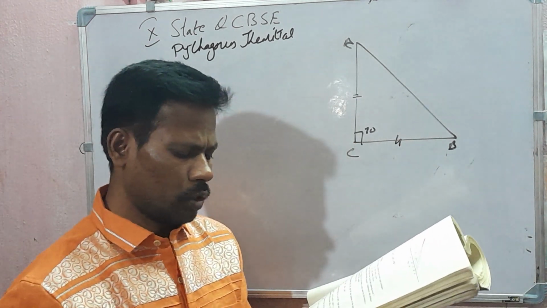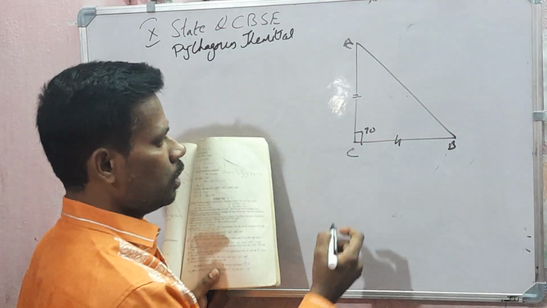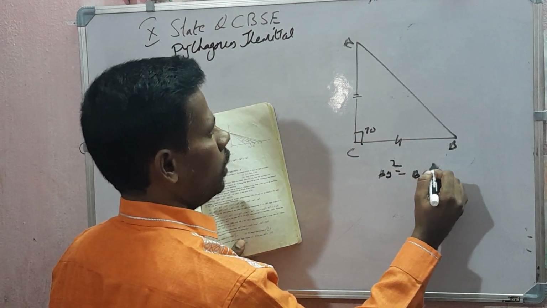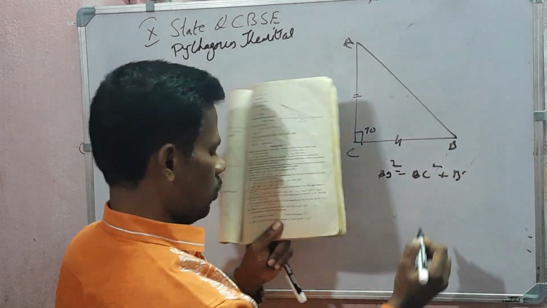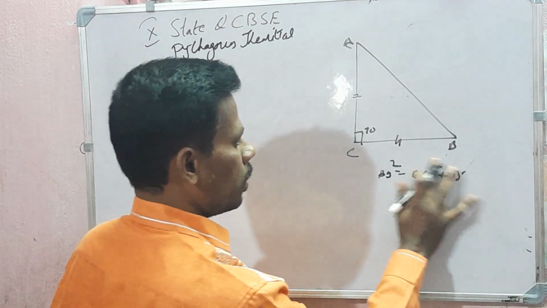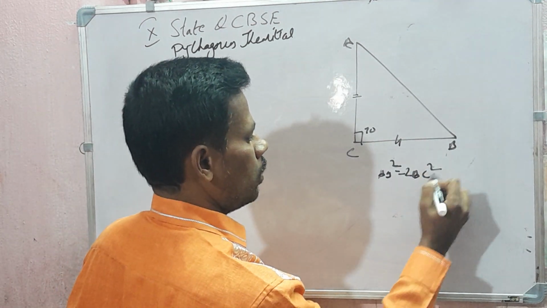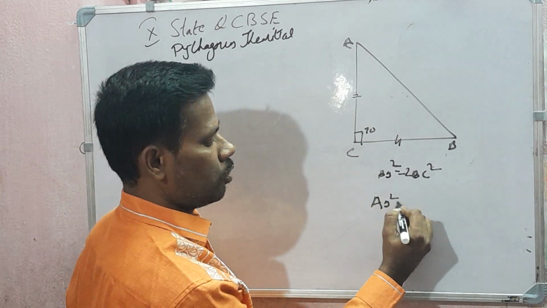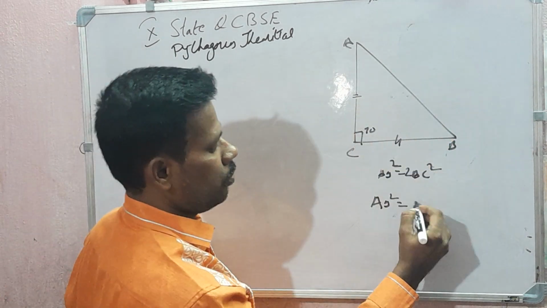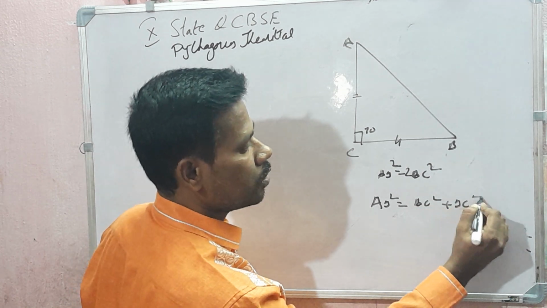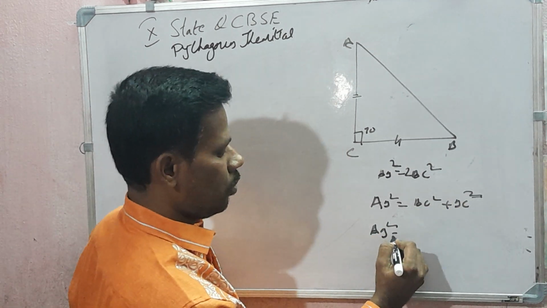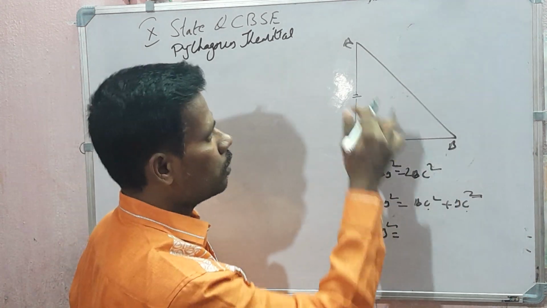Prove that AB square is equal to 2 times AC square. So apply Pythagoras theorem. AB square on the hypotenuse is equal to AC square plus BC square, right? So AB square is equal to AC square plus, what is given?